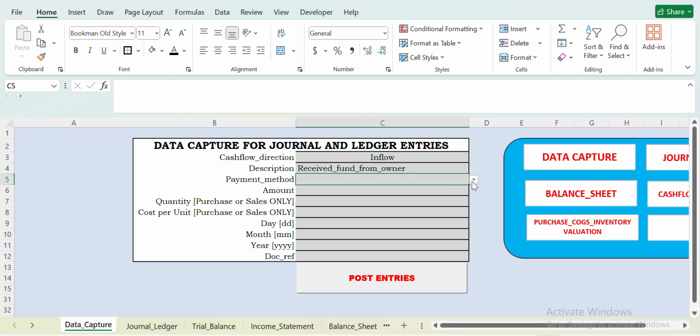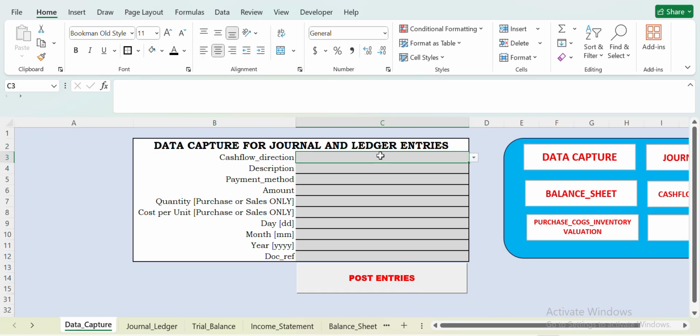Let's assume the fund was deposited into bank. So we'll put the 50 million naira here. We skip purchase quantity, cost per unit, and the day, let's assume it's just 1st of January 2026. So we post the entry.